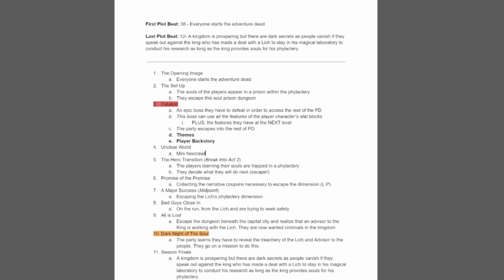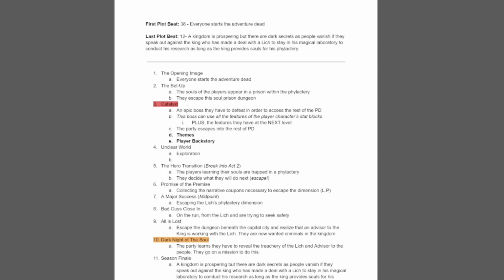Where we're trying to go through, meet NPCs, people who have escaped the soul dungeon and are being hunted. Or maybe it is stealth missions going through the world. Or it can just be a time of exploration. Whatever the case is, we are usually pointing the players at something.